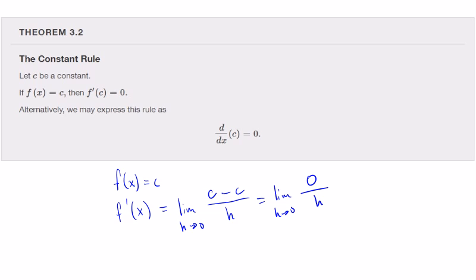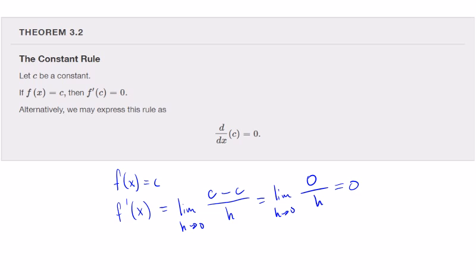And so as we get closer and closer to 0, as long as there's a value on the bottom that's not 0, 0 divided by that value is going to be 0, right? And so this actually comes out to 0. So that's what happens when you take the derivative of a constant, is you just get 0, okay?